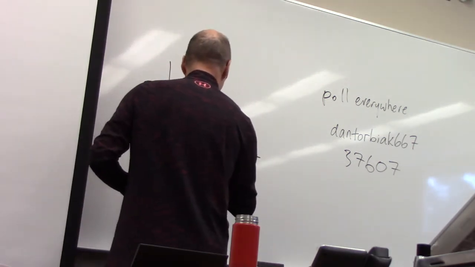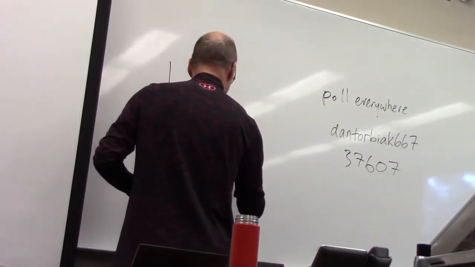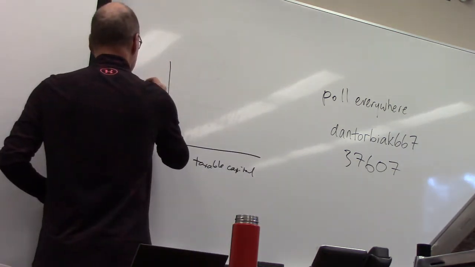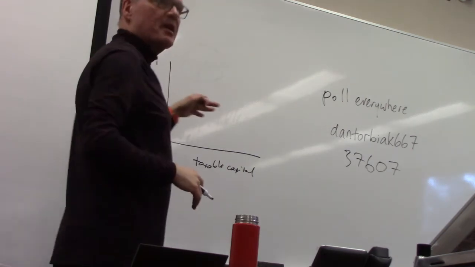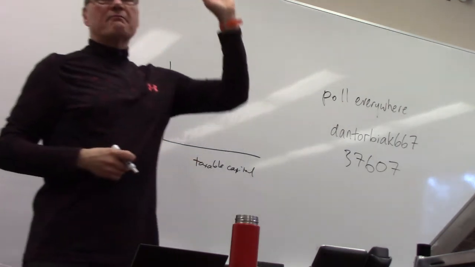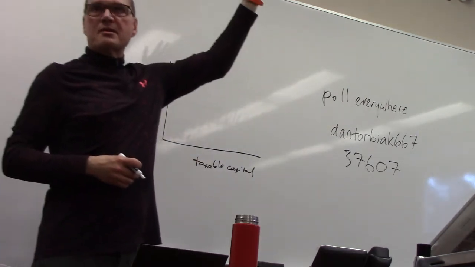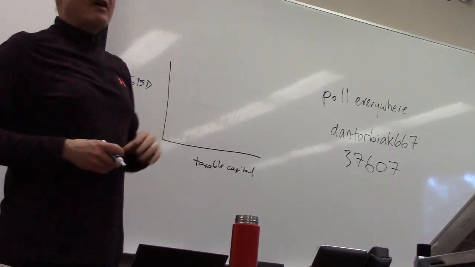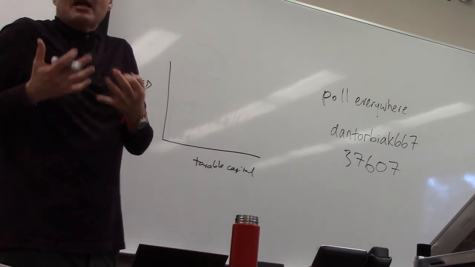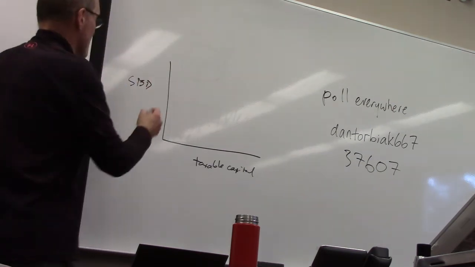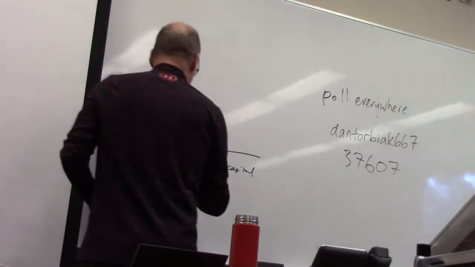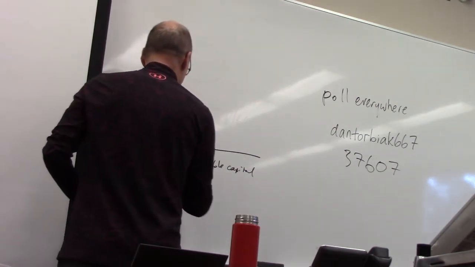So this is taxable capital. And this is the small business deduction maximum that I'm allowed. And let's say we've got $5 million of active business income, therefore some amount greater than $500,000. So I'd really like to claim $500,000 worth of small business deduction. So this is $500,000, this is 0.